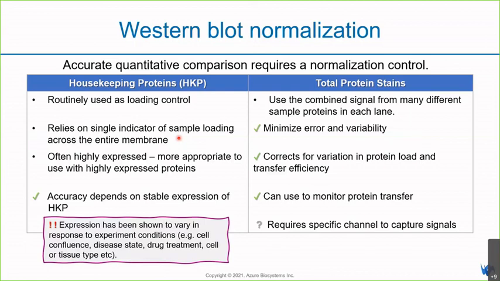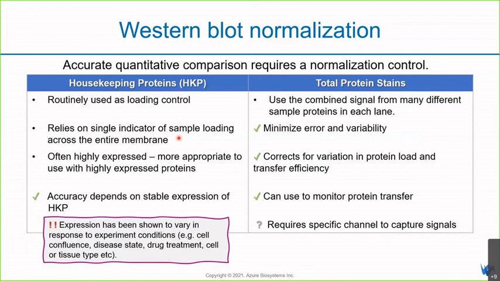We sometimes see some samples with low, for example, GAPDH expression, but it doesn't mean that I have low protein load. It might just happen that the particular housekeeping protein is not housekeeping enough for those samples.